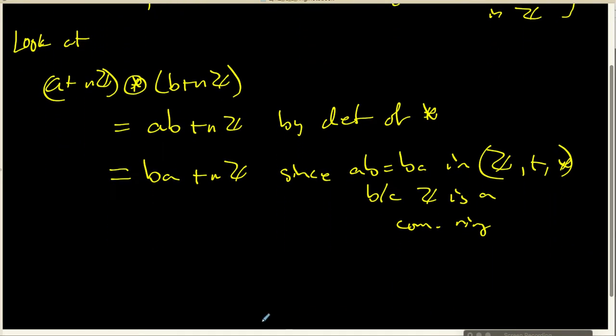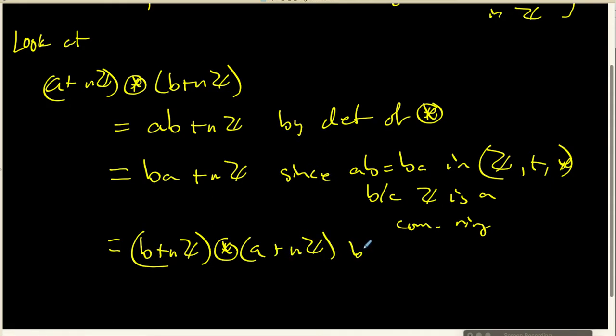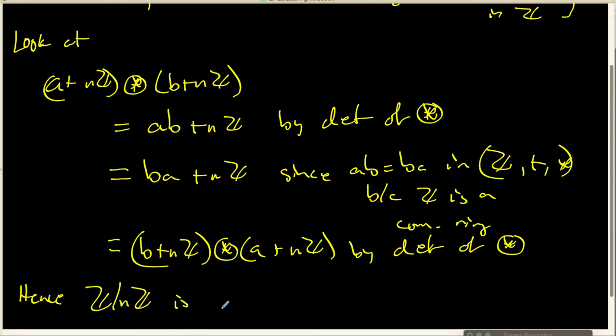And then finally, I just use the definition of coset multiplication again, and that's going to be B plus NZ times the coset A plus NZ. And hence, Z mod NZ is indeed a commutative ring.